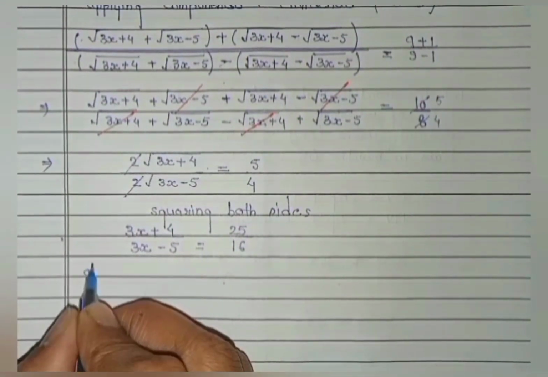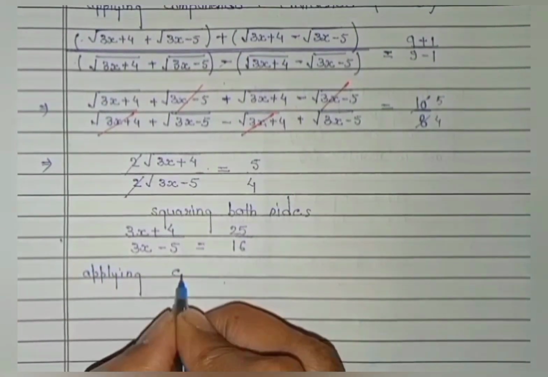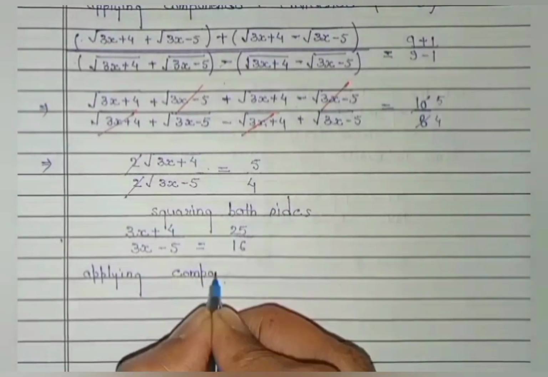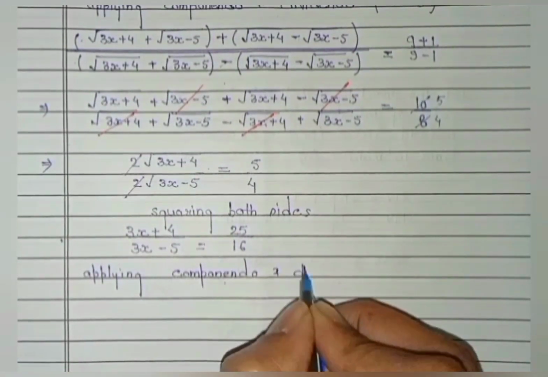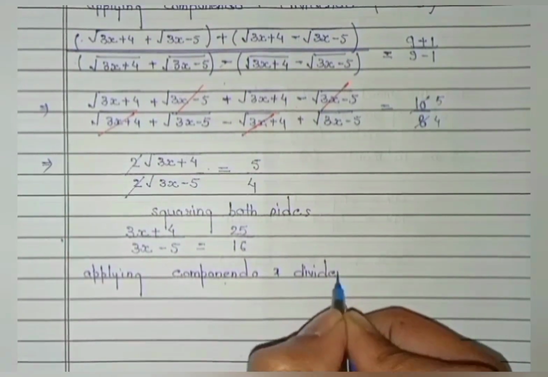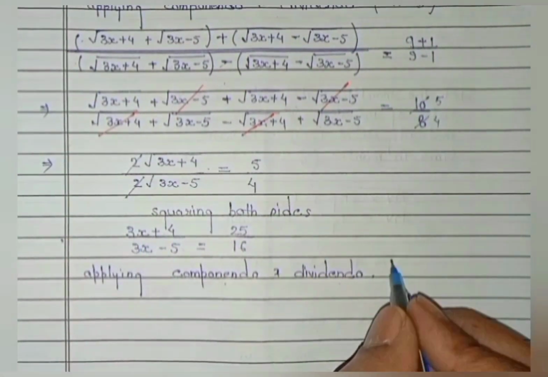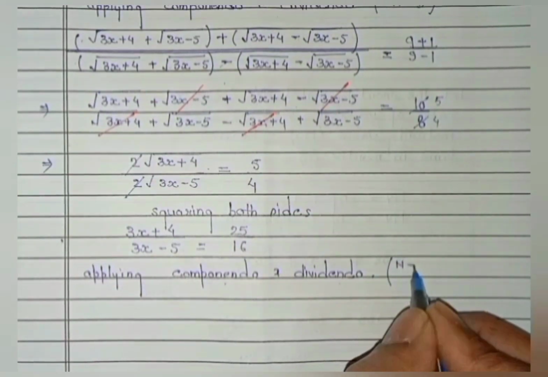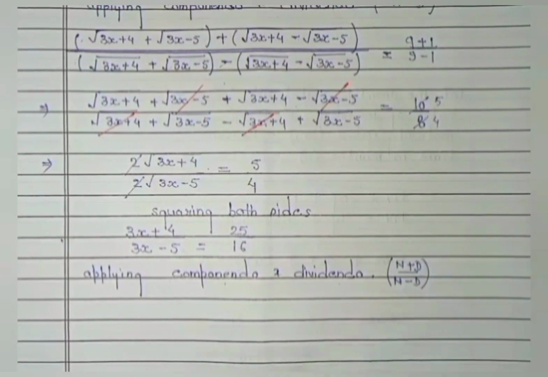See, I am applying componendo and dividendo once more. So now how do we apply it? Numerator plus denominator upon numerator minus denominator.